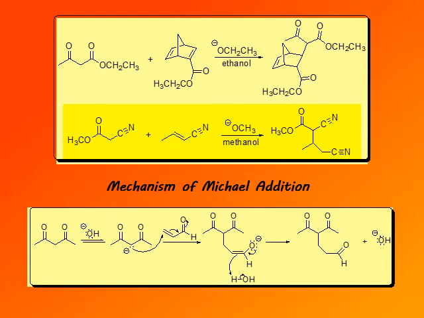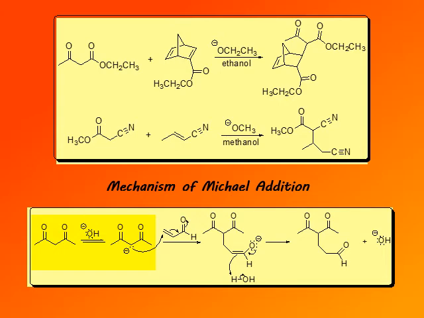Note which bond is being formed. It's the carbon that is between the two activating groups of the enolate anion, and addition is to the beta carbon of the double bond. When it comes to mechanism, of course, deprotonation of the most acidic carbon, the one between the two carbonyl groups or between two activating groups in general, produces an enolate anion.